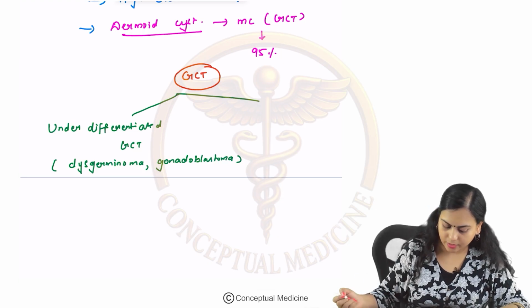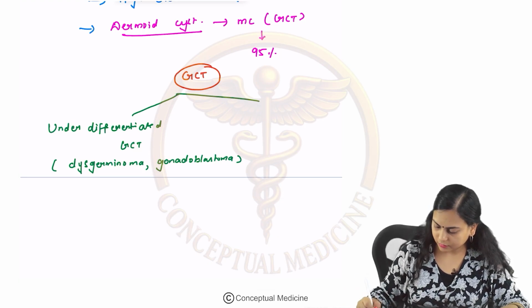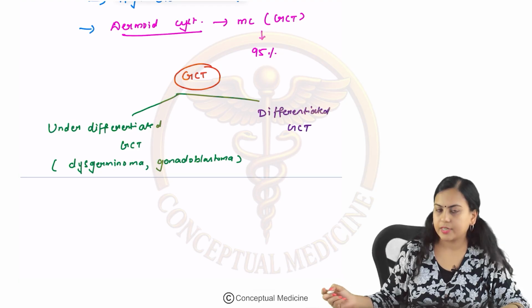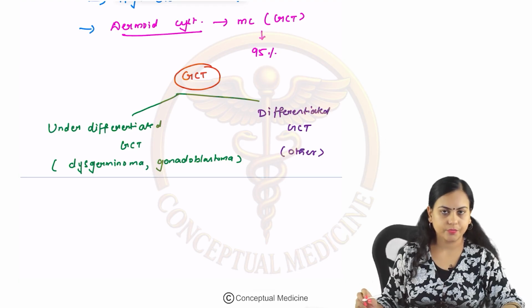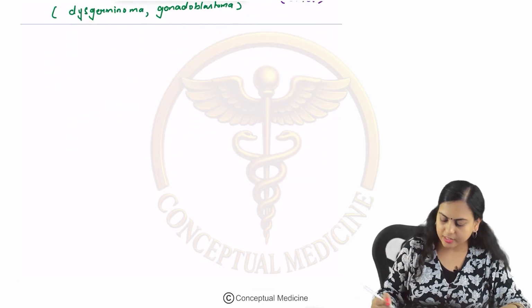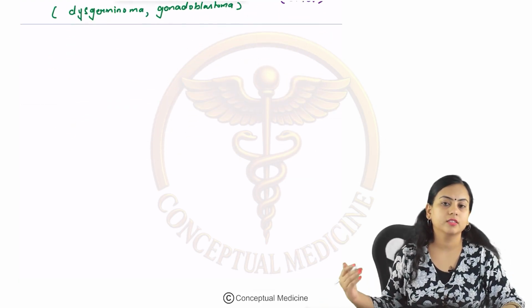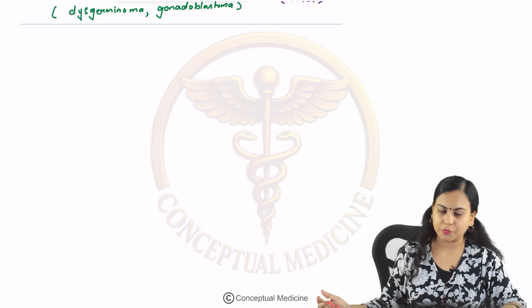And second one is differentiated germ cell tumors, which will include all the other types of germ cell tumors. Clear?